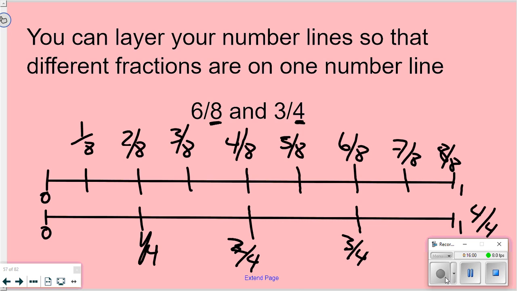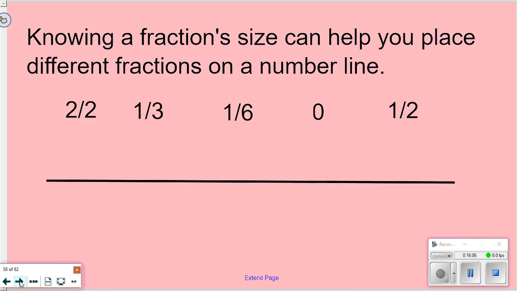Turn to the next blank page. Go ahead and title that with that sentence. It says, knowing a fraction's size can help you place different fractions on a number line.